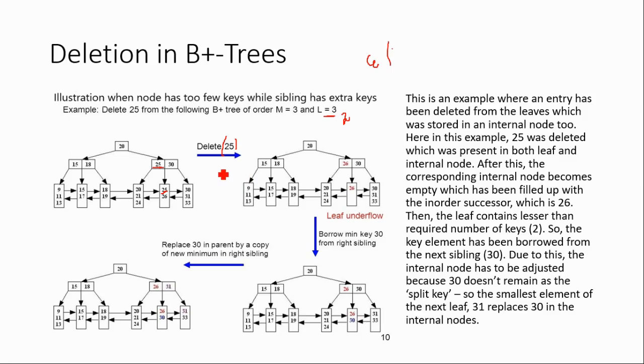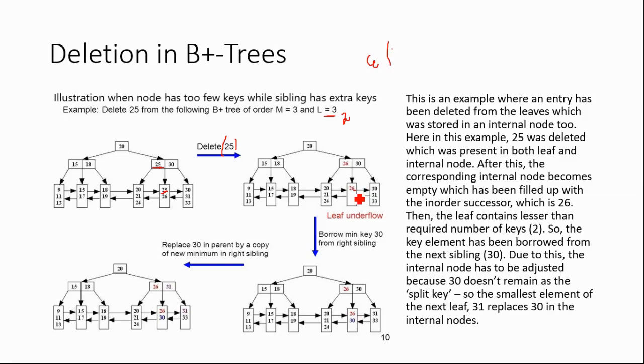So as we have learnt in case of deletion from B trees, you have to replace it with either the left predecessor or the successor. In this case, they have just replaced it with the in-order successor.